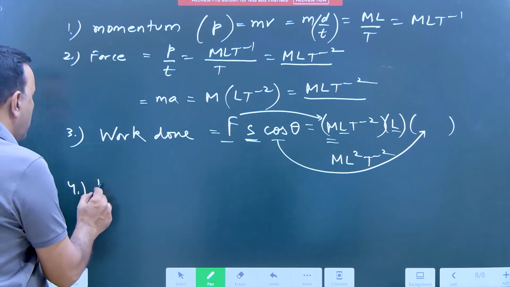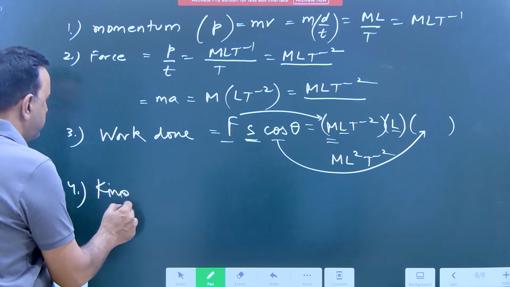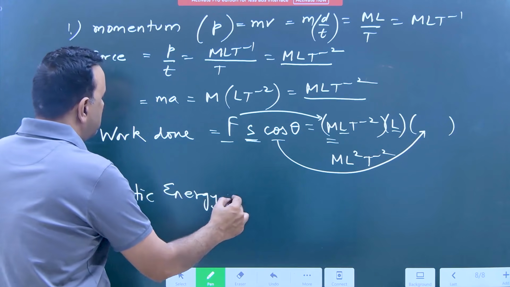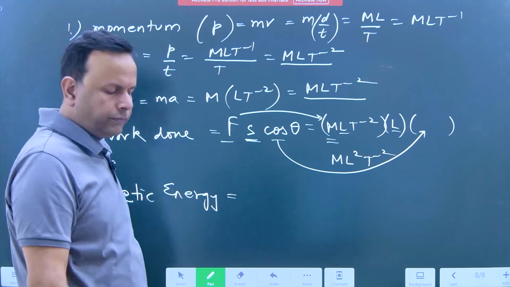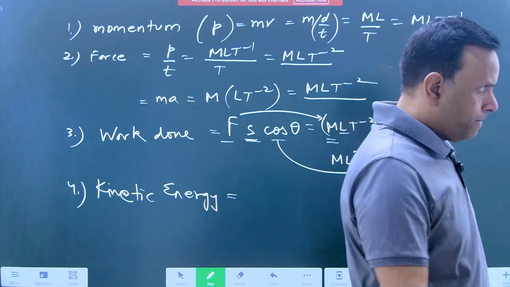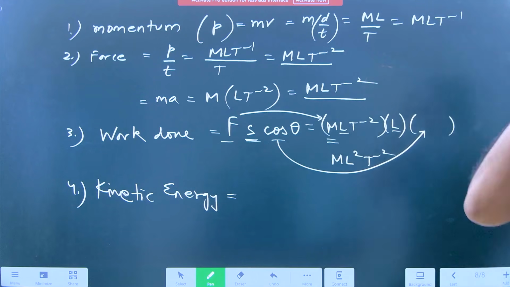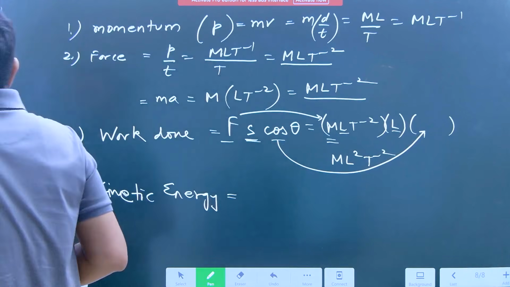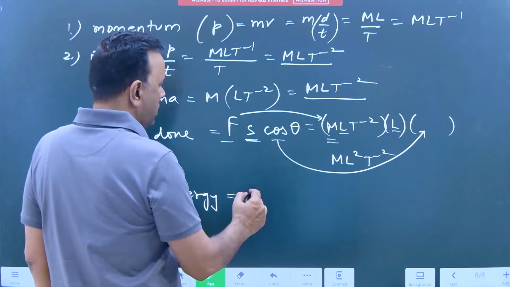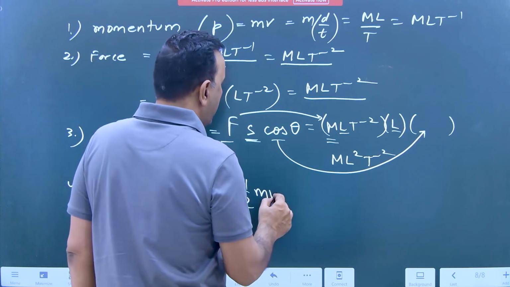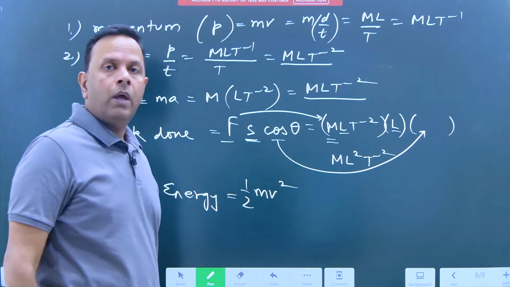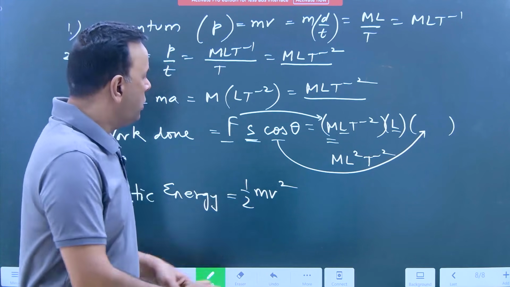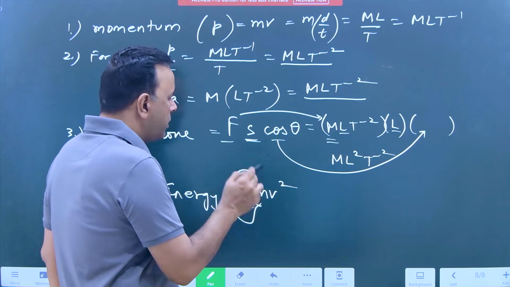Next one, kinetic energy. The formula for kinetic energy is half mv square. Now, when you write the dimensional formulas, you don't think about the numeral values involved.